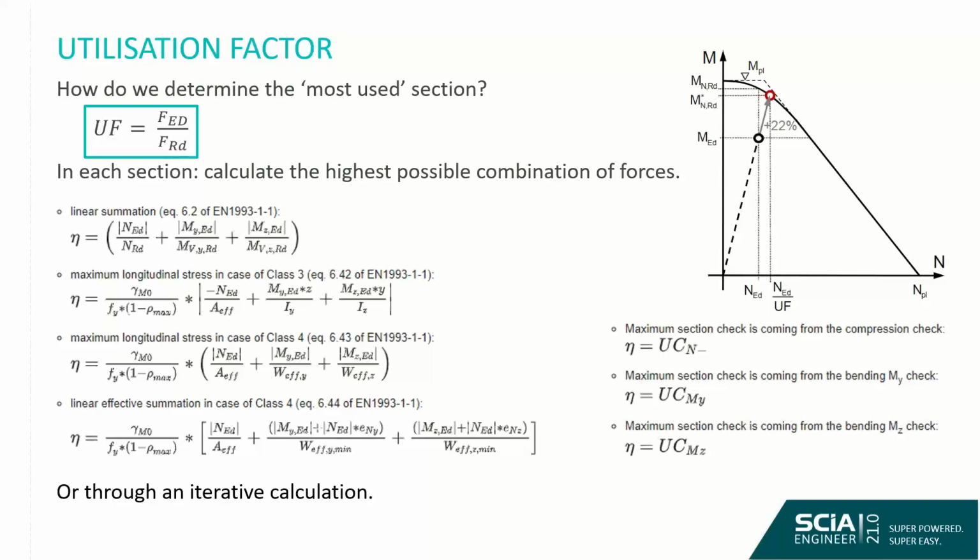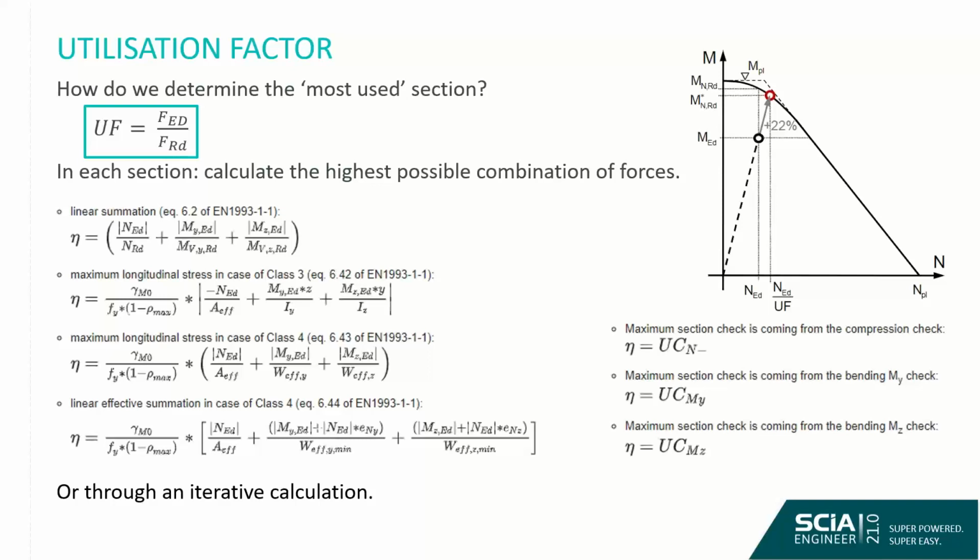So how do we determine the most used section? Like I said, the utilization factor. And the utilization factor is defined as the ratio between the actual design forces in a section and the maximum capacity, the highest possible forces that this section is capable to take.